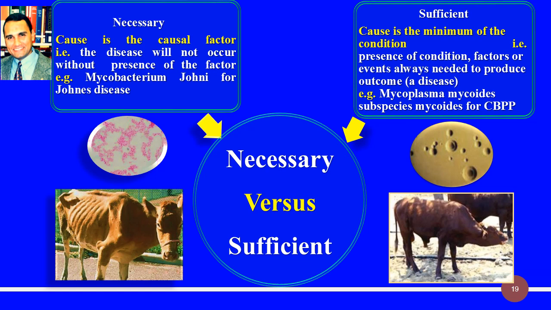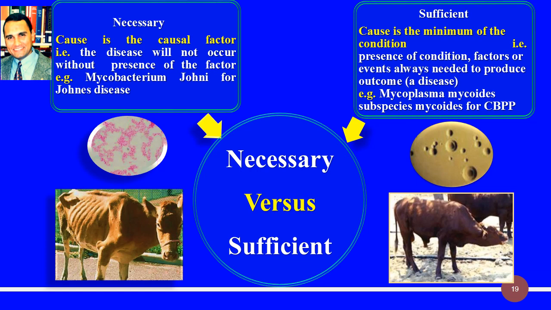Sufficient means the cause is the minimum of the condition, meaning that the presence of the condition, factors, or events always produces the outcome of the disease. Our example here is Mycoplasma mycoides subspecies mycoides for the occurrence of contagious bovine pleuropneumonia. Egypt now is free from this disease.